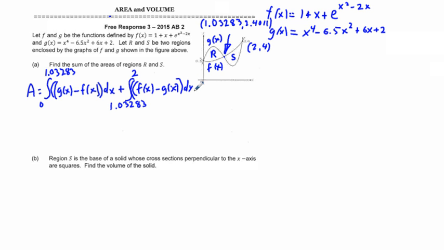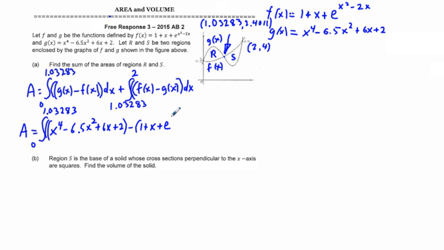And then below that we can write this out. Area is equal to, just rewriting this, the integral from 0 to 1.03283 of g of x, which is x to the fourth minus 6.5 x squared plus 6x plus 2, and we're going to subtract out f of x, which is 1 plus x plus e to the power of x squared minus 2x, dx.